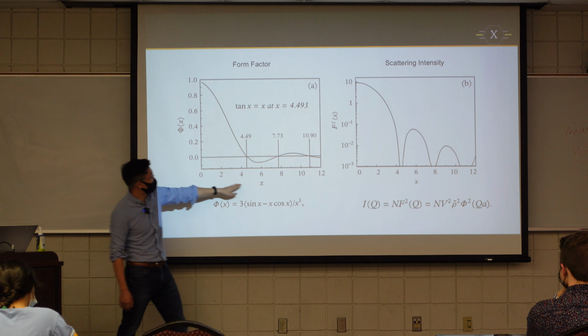You use the value 4.49 divided by q, you can get the diameter of your particle. Or more accurately, this is actually the radius, not diameter. So it's half of the diameter, okay? We will show a couple examples in the next slide.